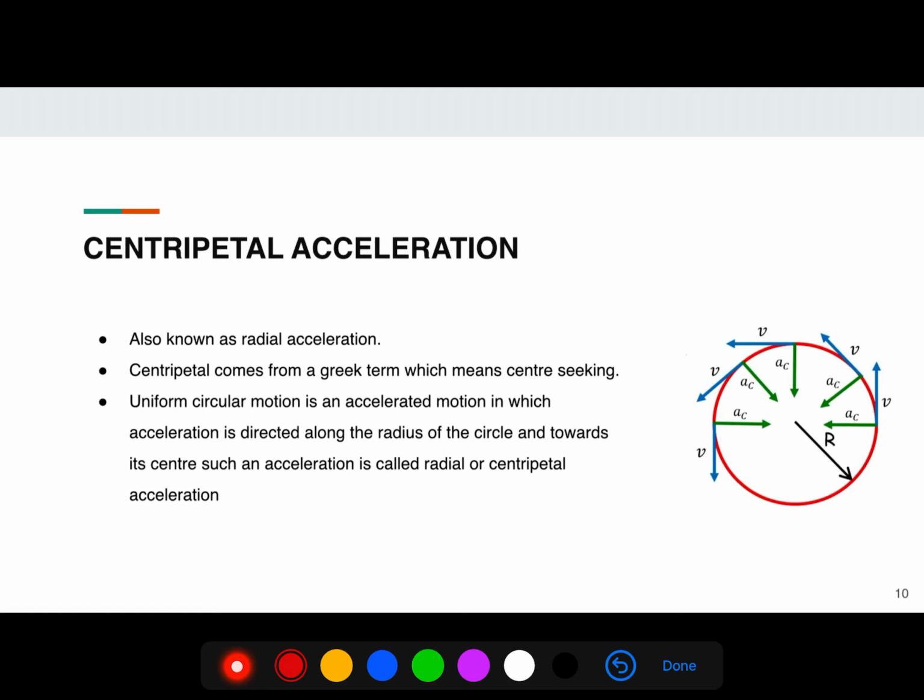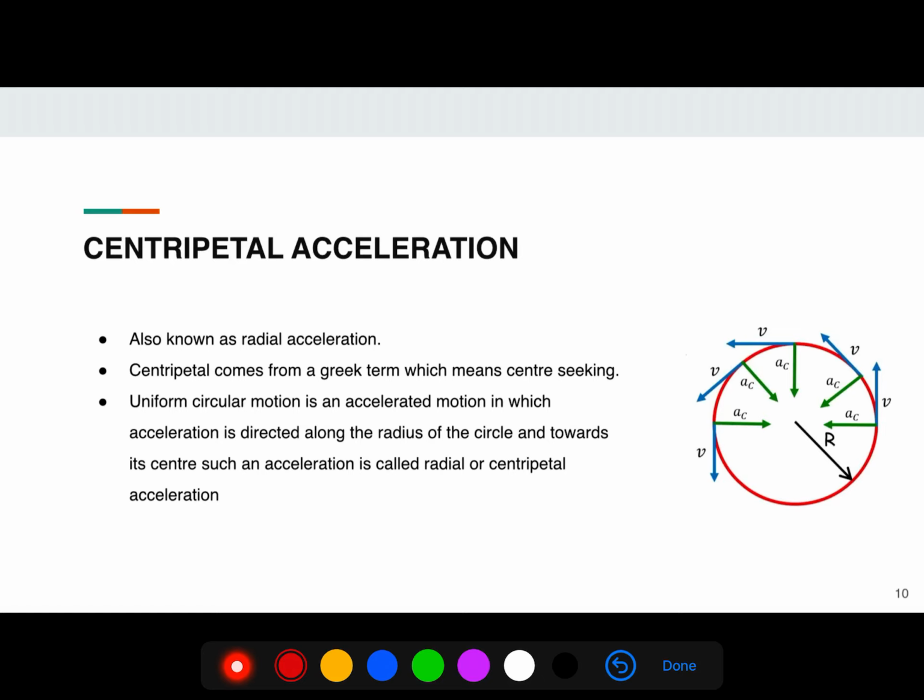When a body moves in a circular path, its velocity changes its direction, because velocity is a vector quantity, so it depends on direction. It means when direction of velocity is changing, it is an accelerated motion, and this acceleration is known as centripetal acceleration, and its direction is towards the center.